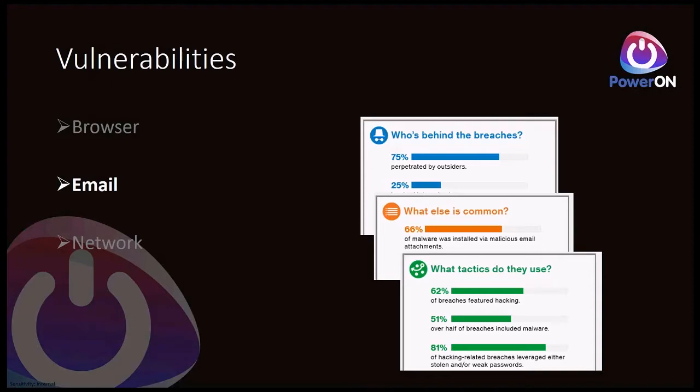So emails. This is an easy way for attackers to try and get access to the systems. There's a lot more social engineering going on now, so the emails are more targeted, looking more like emails that could potentially be valid.